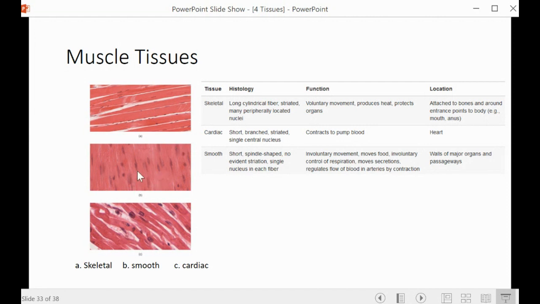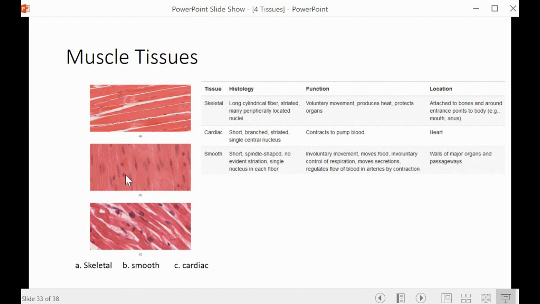Smooth muscle right here. Smooth muscle is short and spindle shaped. Spindle shaped is sort of like really long with sort of a belly coming out of it. And there's no evidence of striation here, no stripes. There's a single nucleus within each fiber. This is for involuntary movement.